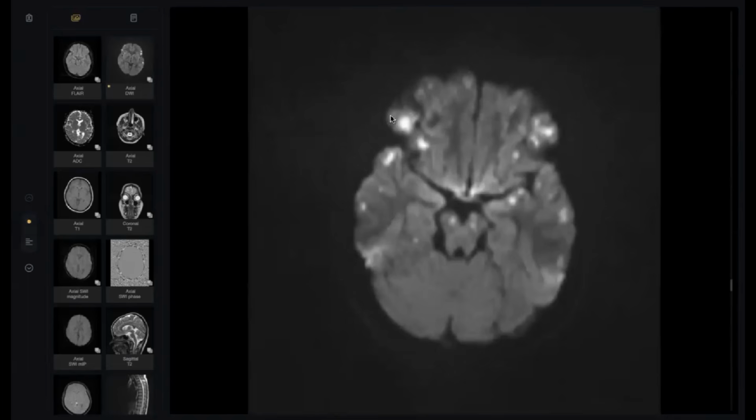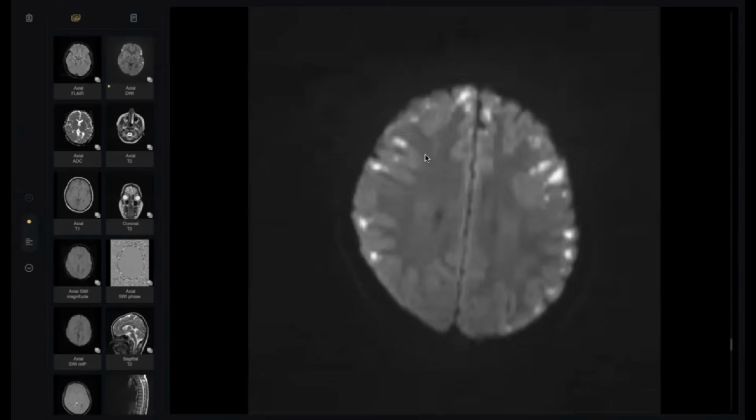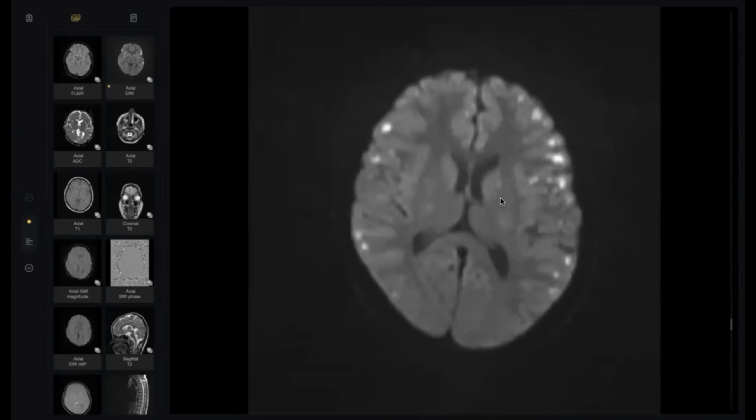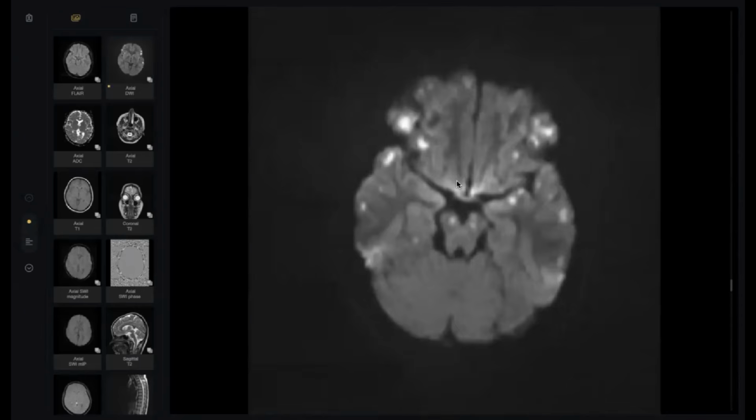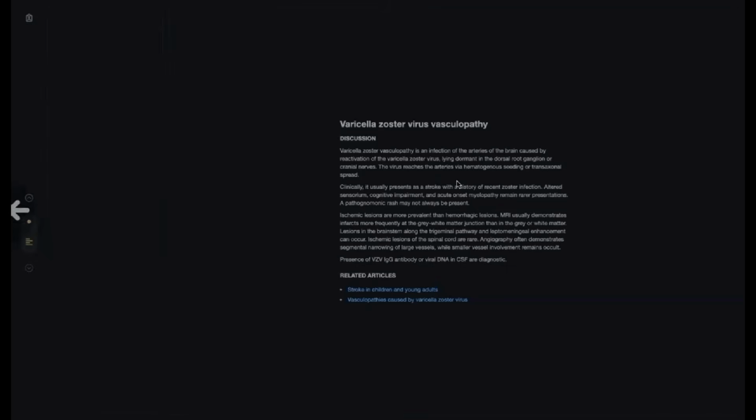The next differential may be ADEM, but ADEM is, I think, larger, not specifically involving the corticomedullary or gray-white matter area. It almost involves the white matter. So ADEM is not possible. So finally, it was a vasculopathy. Vasculopathy. Take home message.